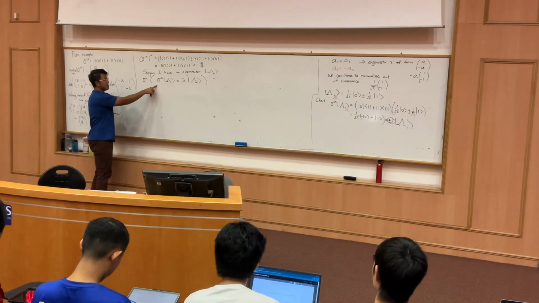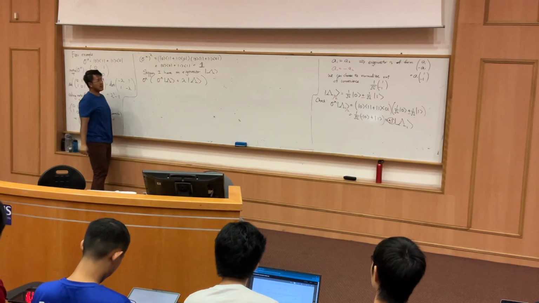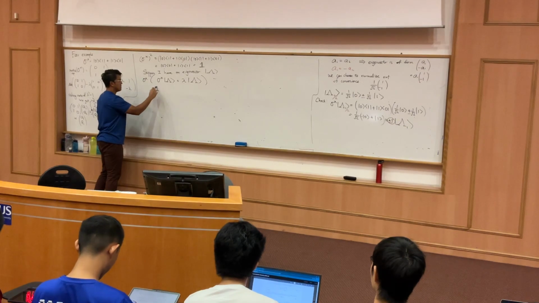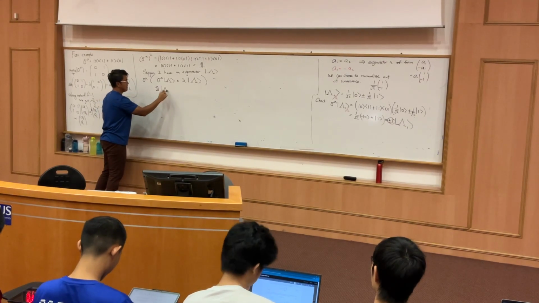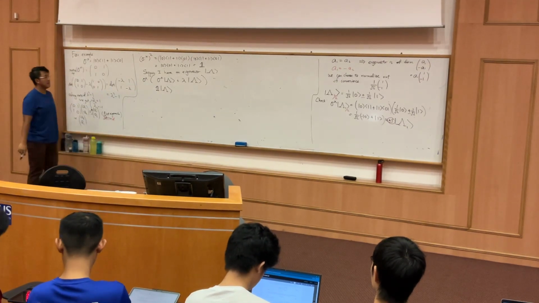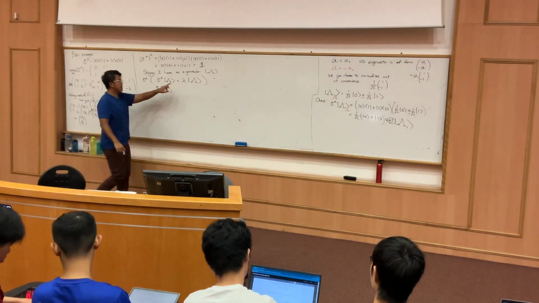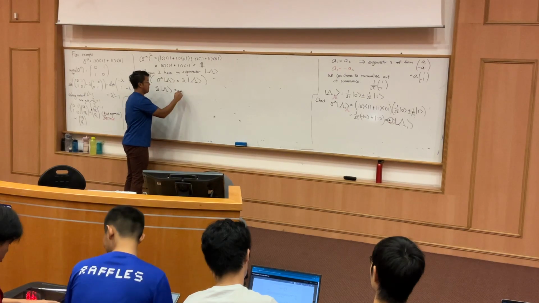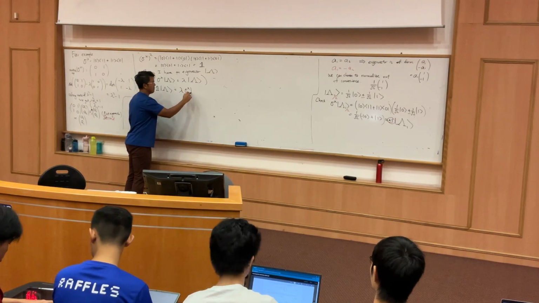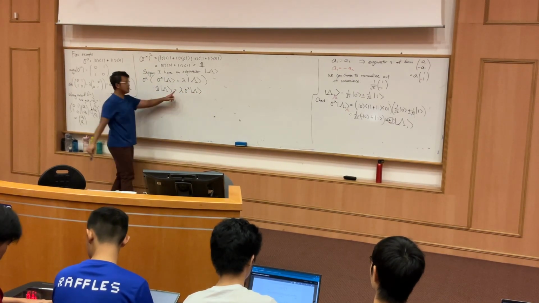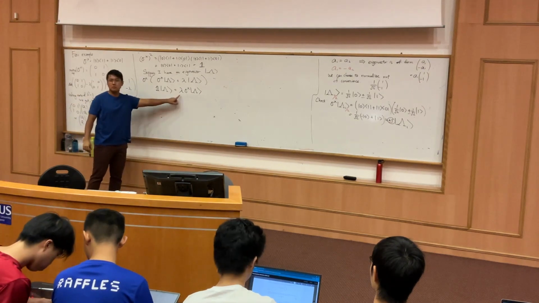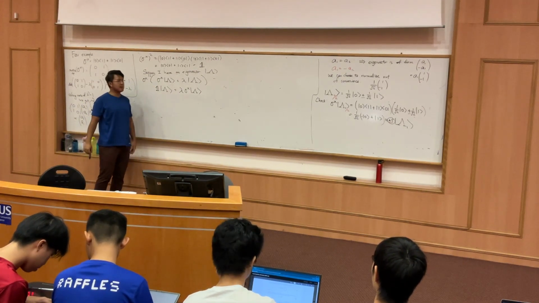On the left hand side, I just calculated that sigma x squared is identity. So I should get identity times lambda. On the right hand side, I'm applying sigma x onto the vector big lambda. The reason is because this is just a complex scalar, so it just comes out.